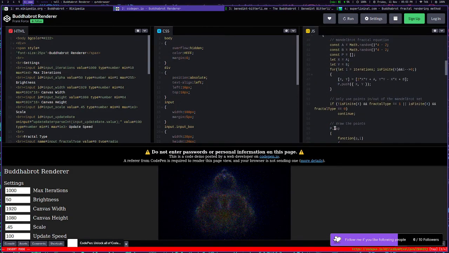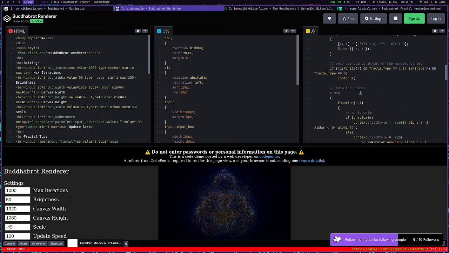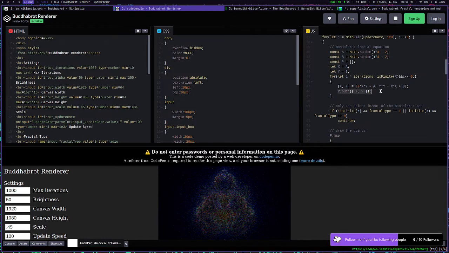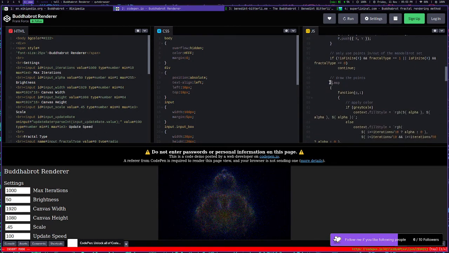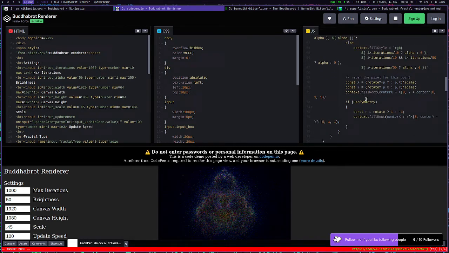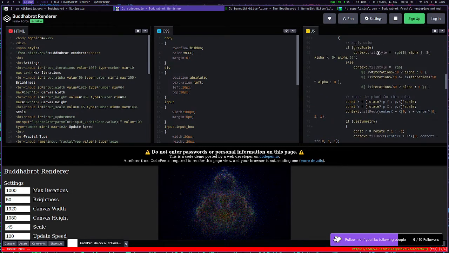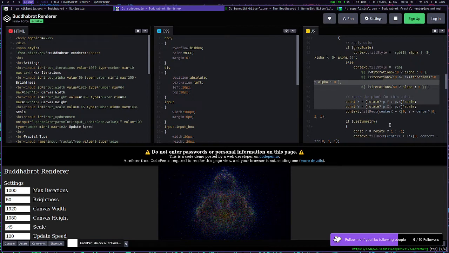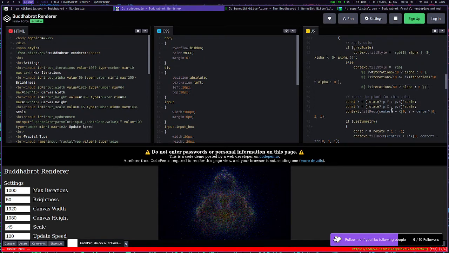It's drawing the points. The points are the ones collected for the Mandelbrot set, like the paths that it traces, and it iterates over the points here. For each of those points, we're just drawing it, and this is the conversion bit. Okay, let's do it this way.